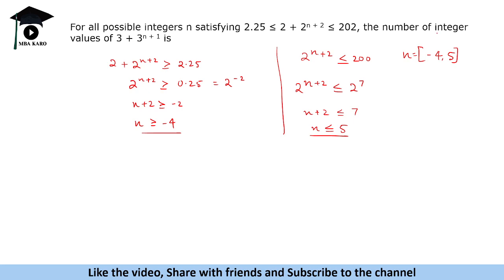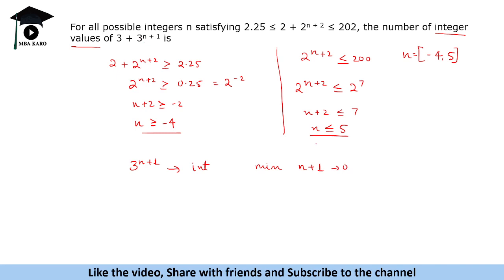It says number of integer values. So for an integer, 3 raised to the power n plus 1 should be an integer. So n plus 1 should be at least 0, because if we have a negative power it will not be an integer.